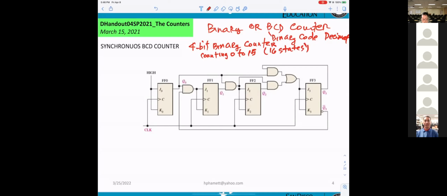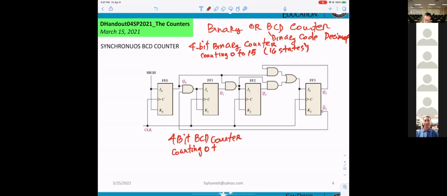We're talking about a 4-bit BCD counter, counting from 0 to 9. Perfect.